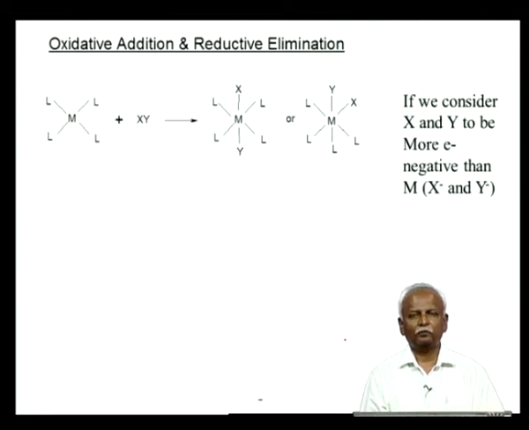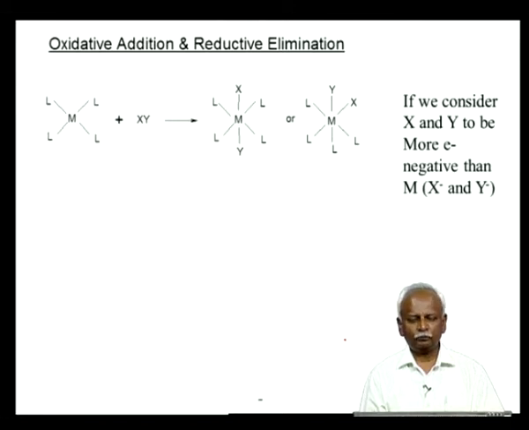And if you have X, Y, a heteronuclear diatomic or a diatomic molecule X, Y, and if we add it to this d8 metal complex, you can isolate a complex which is octahedrally coordinated, and it has got a d6 electron count.